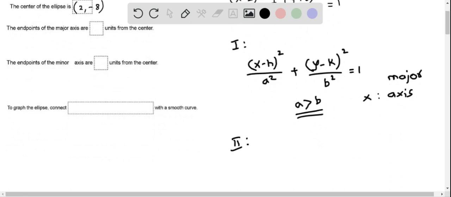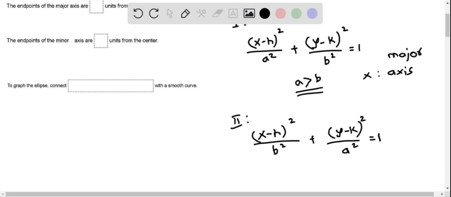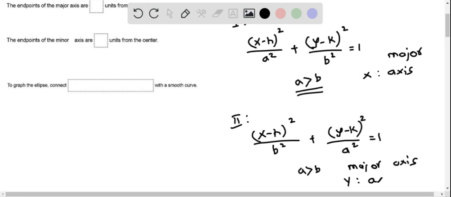So let me write the standard equation, that is (x − h)² / b² + (y − k)² / a² = 1. And here also a is greater than b. However, the major axis is along the y-axis.